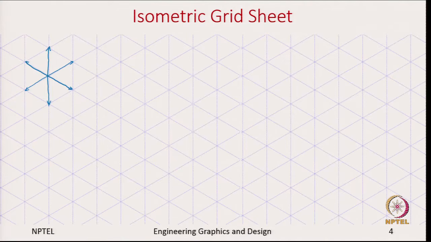We can use these three together to show the three coordinates. So, for example, let us say I will define this as the x axis and this as the y axis and the perpendicular as the z axis.